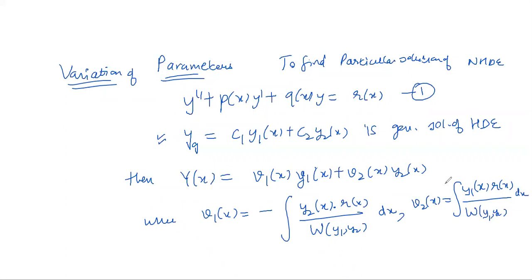You need to remember this formula. If you want to see where it comes from, you can try it yourself: by this choice of y, find y dash and y double dash, and put them into the non-homogeneous differential equation. From there you will get the values. It's a detailed derivation, so we have skipped it. You need to remember this directly.